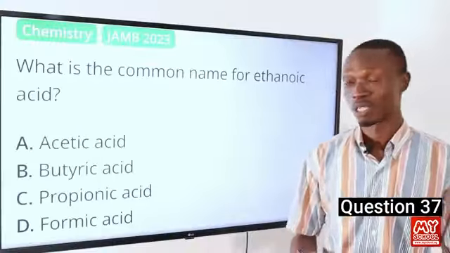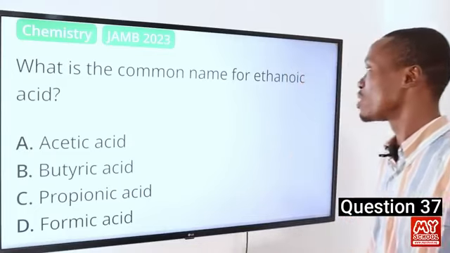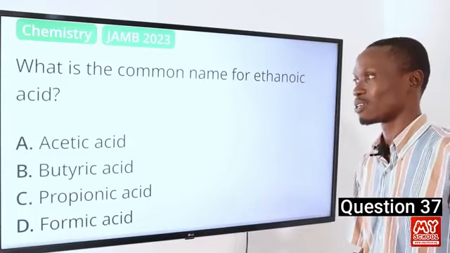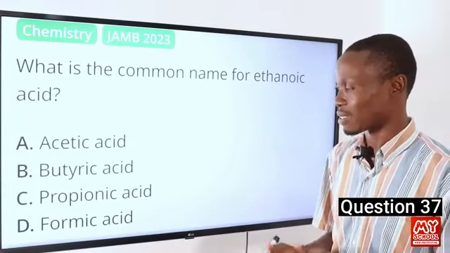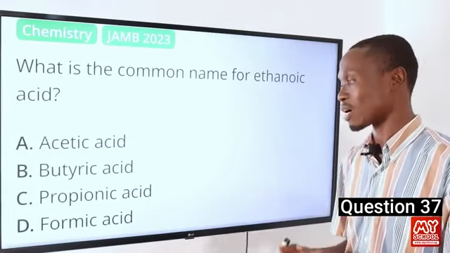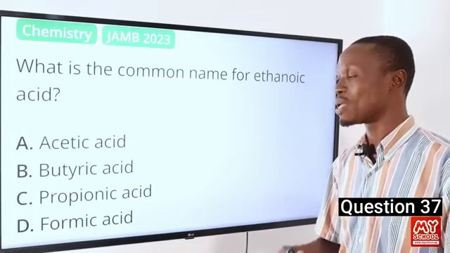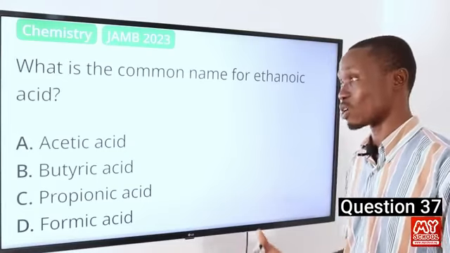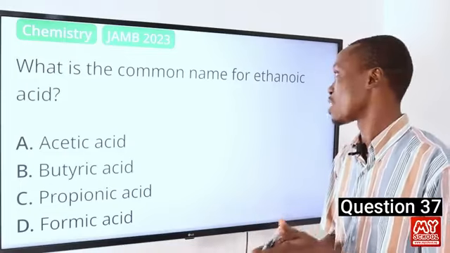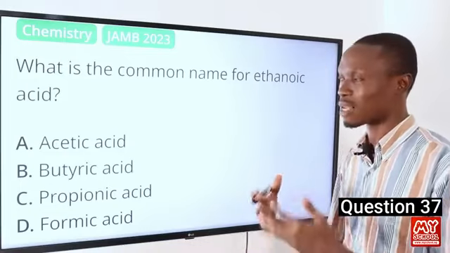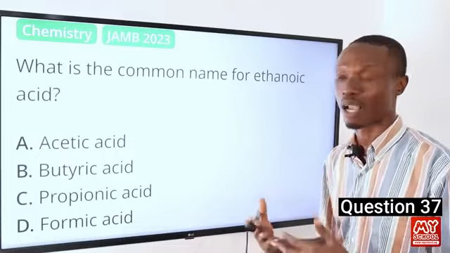Moving on to question 37. What is the common name for ethanoic acid? A, we have acetic acid, B, butyric acid, C, propanoic acid, and D, formic acid. So the answer to this question is acetic acid. Acetic acid is the common name for ethanoic acid, while ethanoic acid is the IUPAC name for acetic acid.